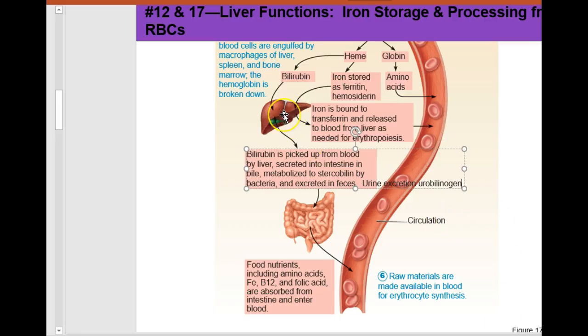So iron can be stored in the liver, bound to hemosiderin or ferritin, which helps keep the iron cation from being reactive with other species or other ions, or you can bind the iron to a molecule called transferrin, trans as in transport, ferrin, Fe for iron, and then that can go into the bloodstream back to brain maybe, or it can go to the red bone marrow to make red blood cells.